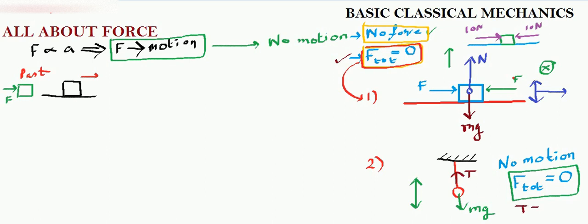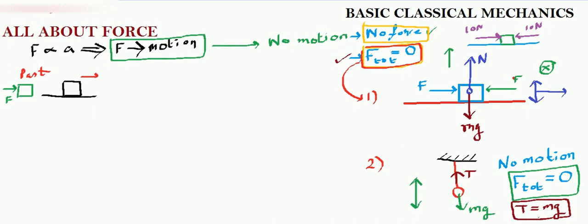And why do you consider the upward force? Because your law says that if the total force is zero, then there is no motion. So if there is a force mg acting downward, and you want the total force on the ball to be zero, you are bound to define another force called the tension.